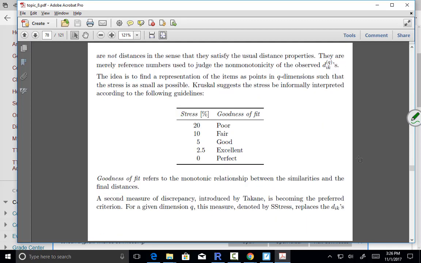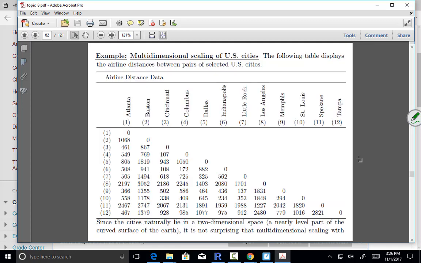I have an example in here, I think. Yeah. So here's an example, slide 82. And the nature of these data is such that distances are what we have. The essence of our data is distances.